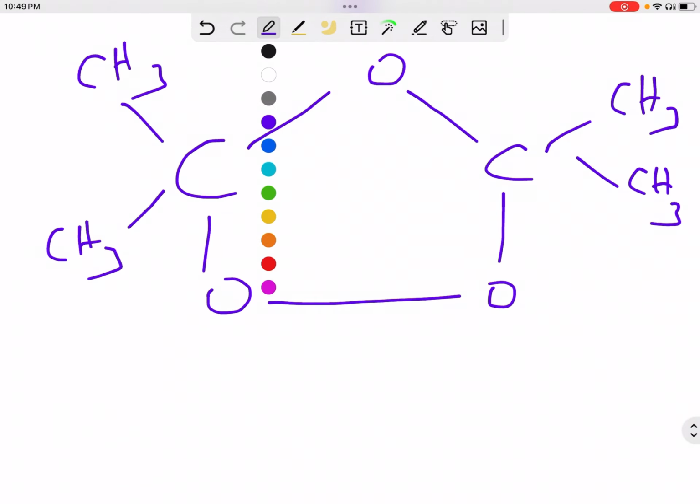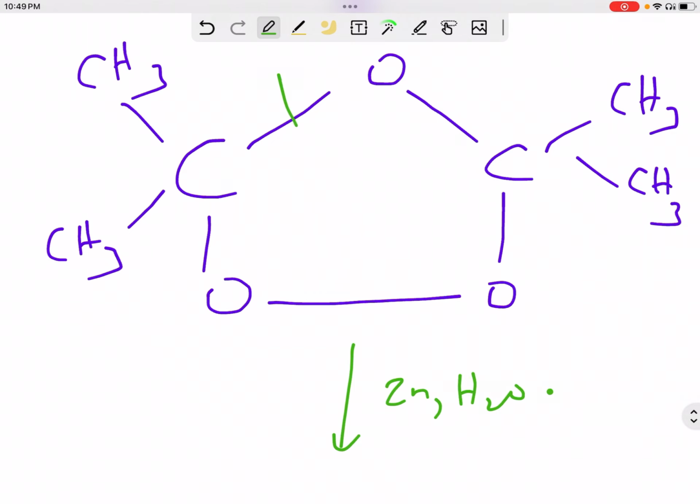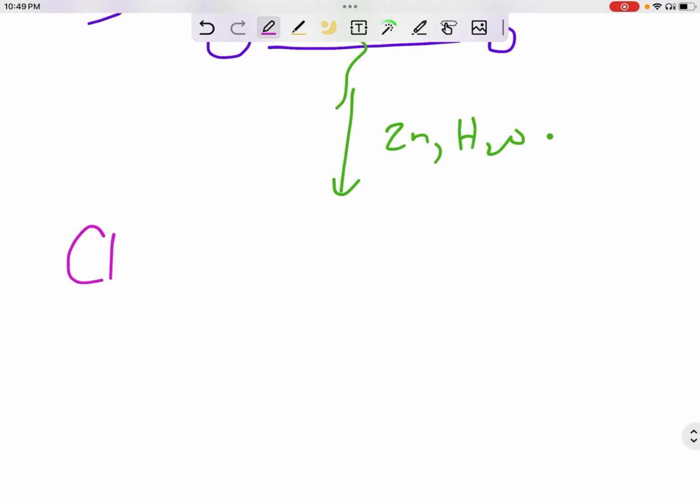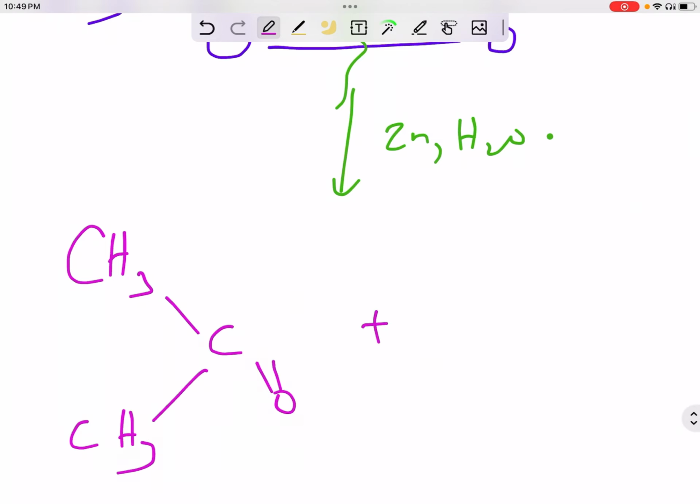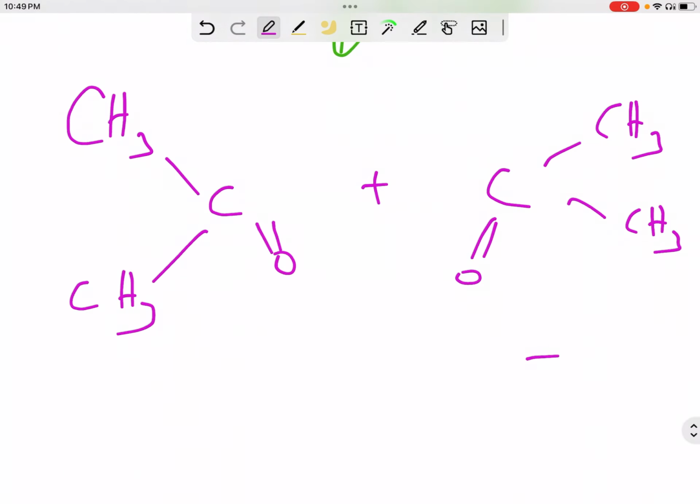Which on further reaction with Zn and water breaks this bond and this bond, and makes this one into a double bond and this one into a double bond. So the final product will be CH3, to that carbon the same CH3 is attached, double bond O, plus the second carbon with the two methyl substituents and a double bond O, and the byproduct to be mentioned is ZnO.